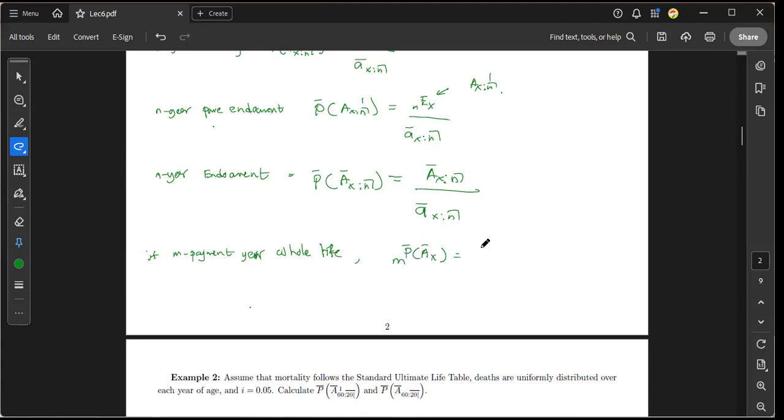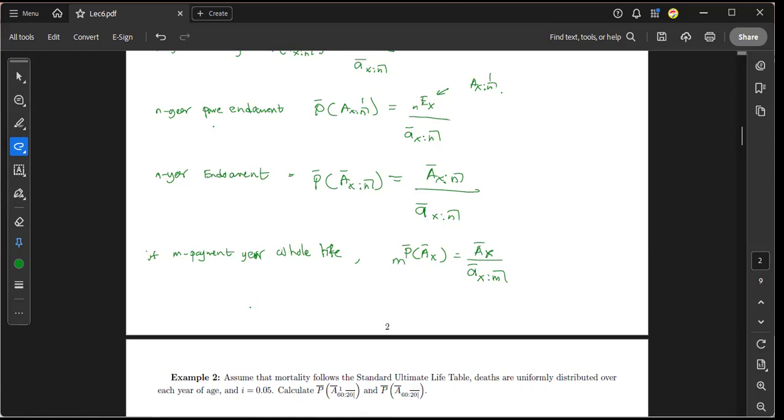In that case, the benefit is valid for the entire life. It is continuously paid at the moment of death, and the premium only continues from X for the first M years. So that's how it works, and you can modify it for the other cases as well. If you see M before the notation, it says the premium payments are limited and the coverage period is longer than the premium period.